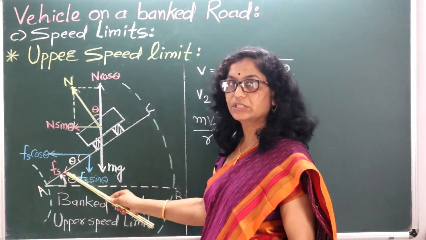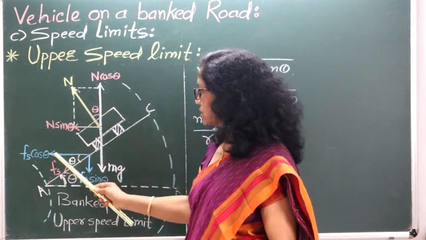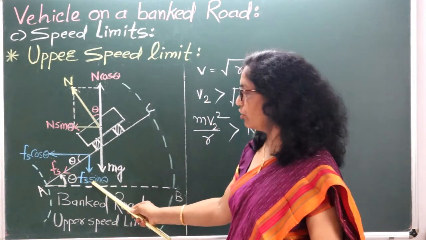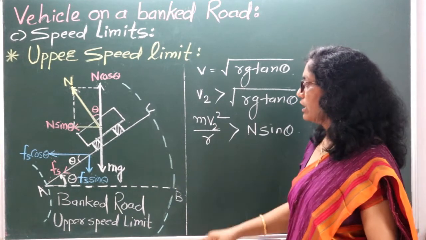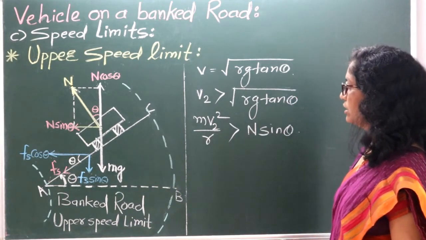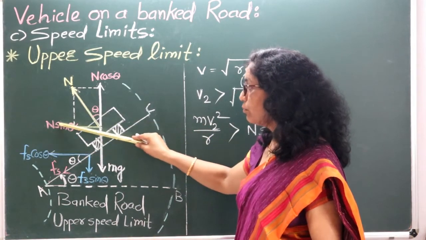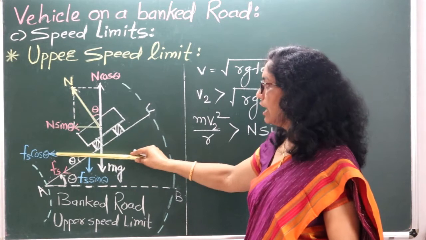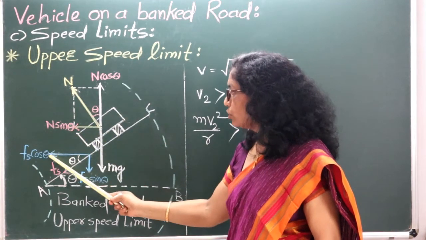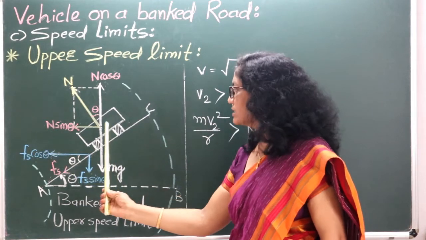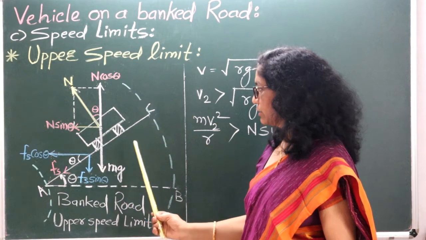Force of friction is also divided into two components, that is Fs cos theta and Fs sin theta. Now N sin theta and Fs cos theta both are parallel to each other, add each other, and therefore these both components balance the centrifugal force, that is m v2 square upon r, in this equation.